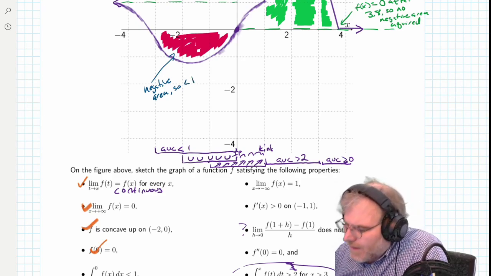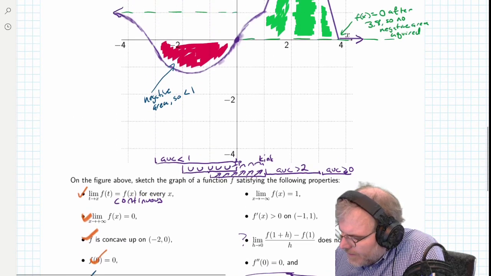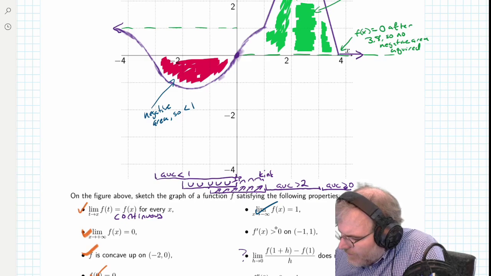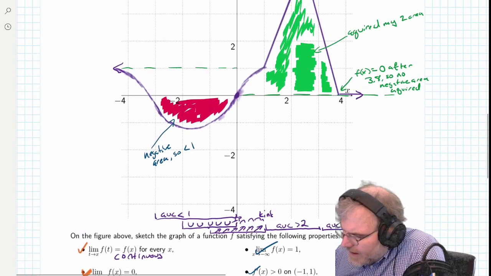All right. Is my limit correct? Yes. F prime of x is where it needs to be. So from here to here, I'm increasing. Yes. Do I have a kink where I need a kink? Yes.